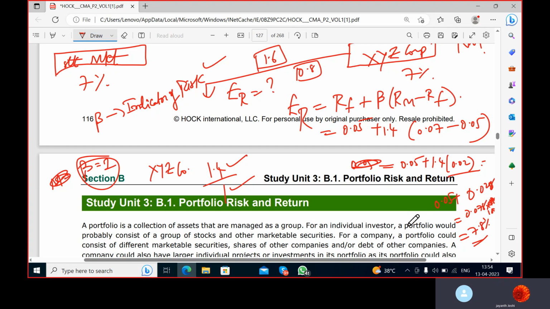And 0.8, what is this? That's a beta too. Both are beta. One time you take 0.8, one time you take 1.6.